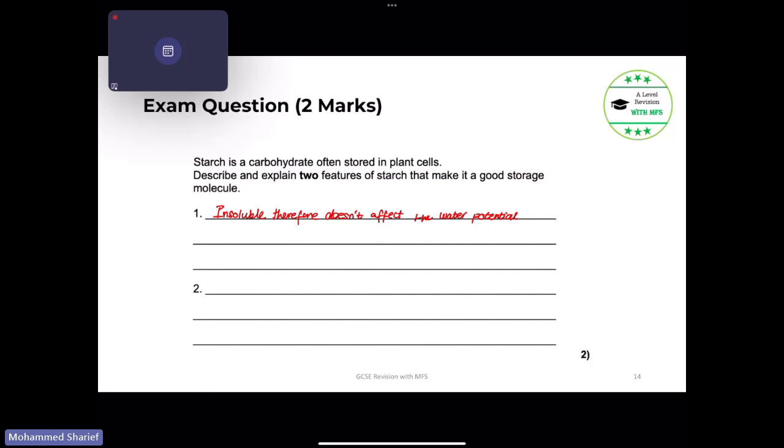Another feature of starch, well, we saw that it is branched, same as glycogen. And because it's branched, it has more hydrolysis for release of glucose. So rapid hydrolysis to glucose.